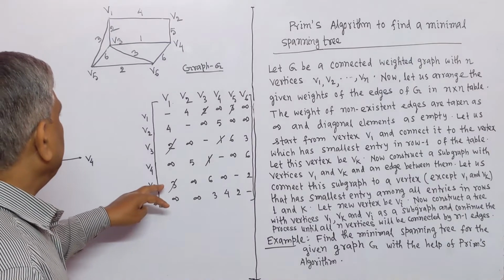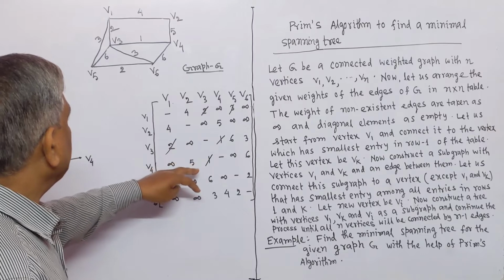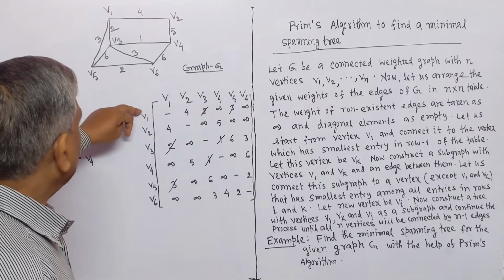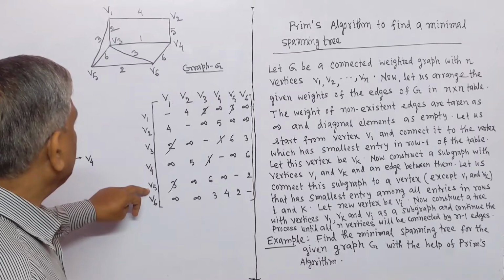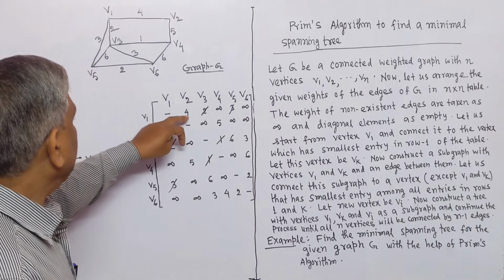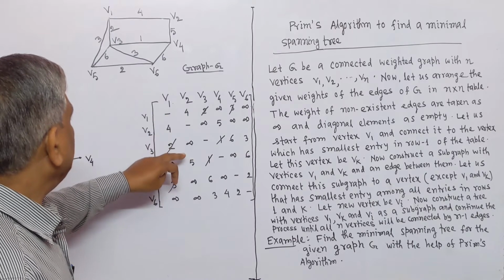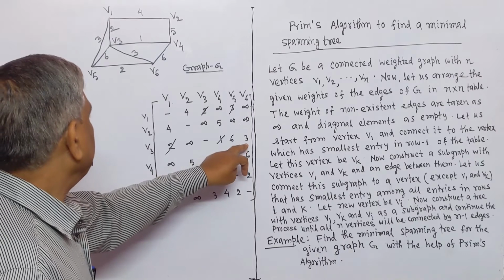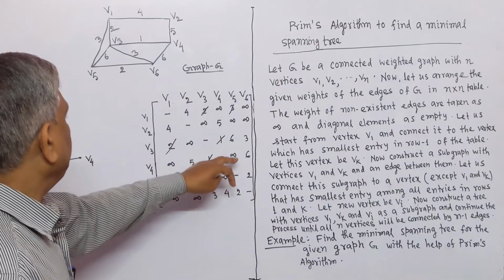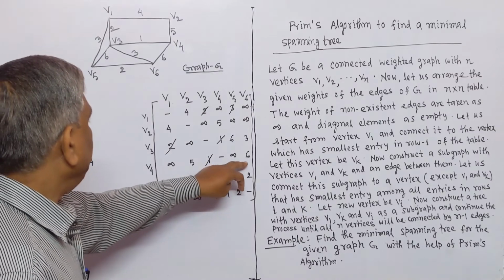Now we find the smallest weight in the rows V1, V3, V4 and V5. In the V1 row the weight is 4, in V3 it is 3, and in V4 it is 5 and 6.